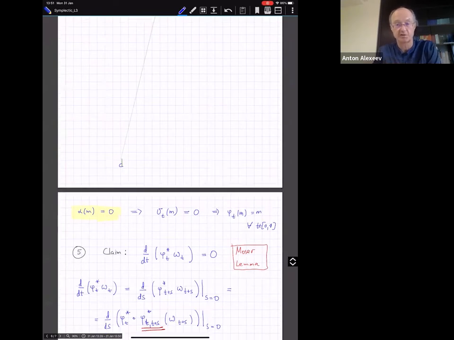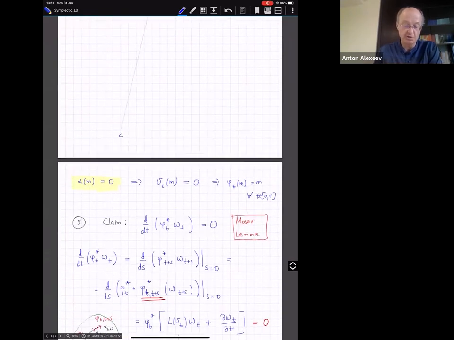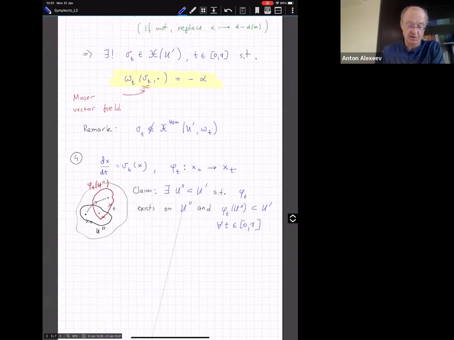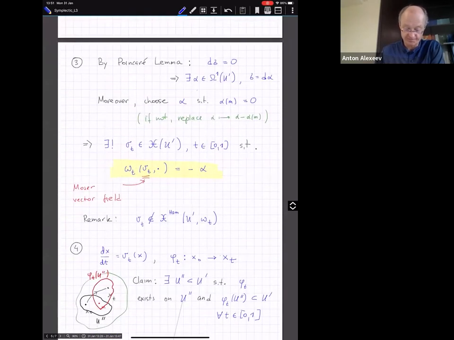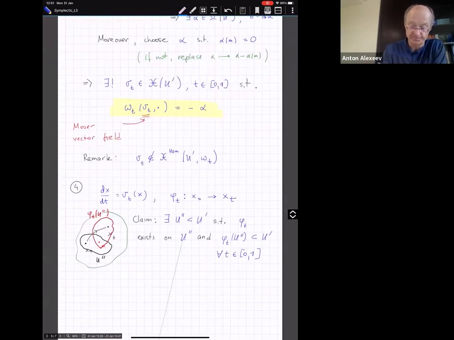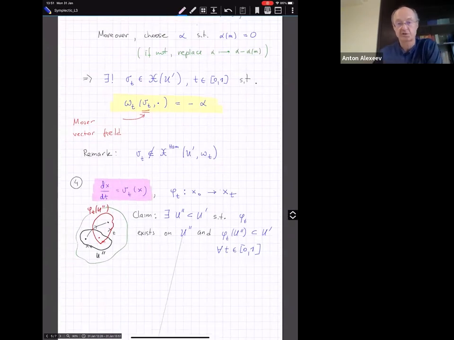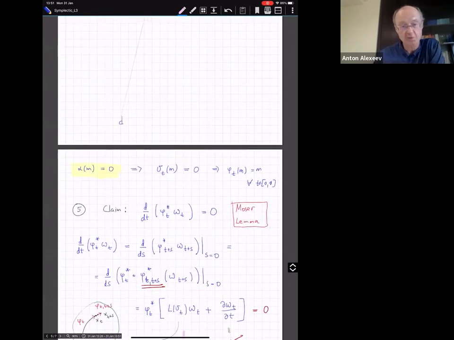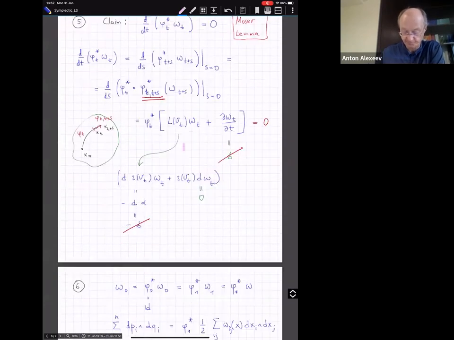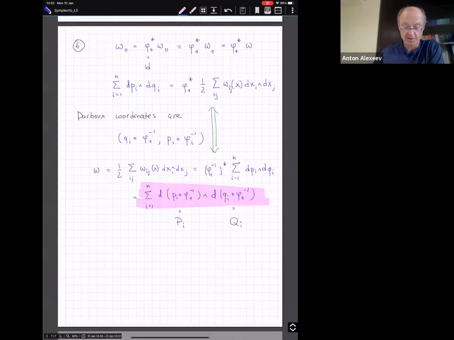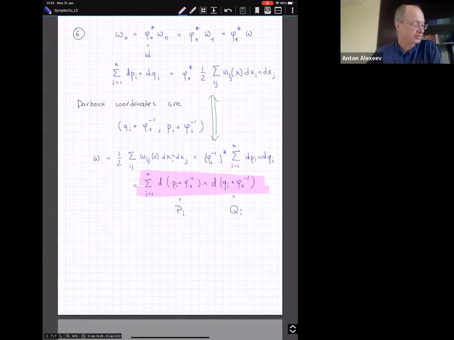This t-dependent vector field VT, you need to integrate this differential equation here. So this is not a very constructive proof, but the outcome is very beautiful. So that's the end of the proof.